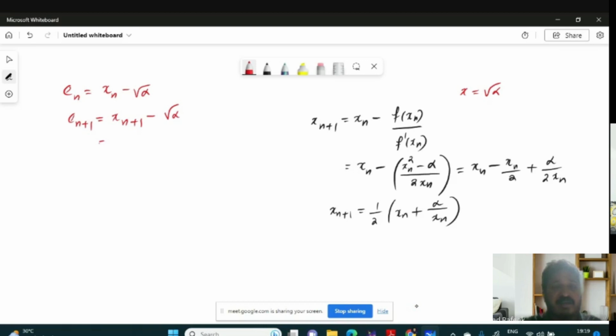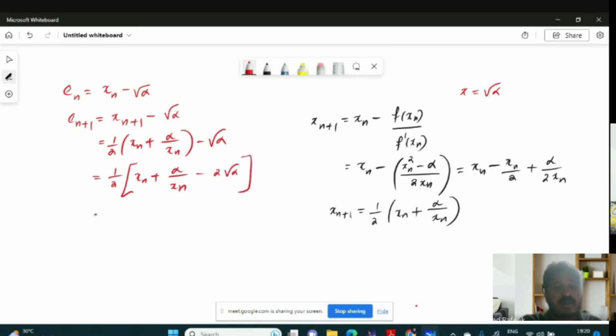Already we have the formula for xn plus 1, so En plus 1 is 1 by 2 into xn plus alpha by xn minus root alpha. Take 1 by 2 as common: 1 by 2 into xn plus alpha by xn minus 2 root alpha.